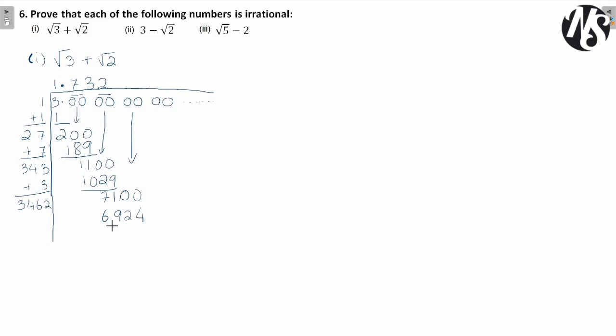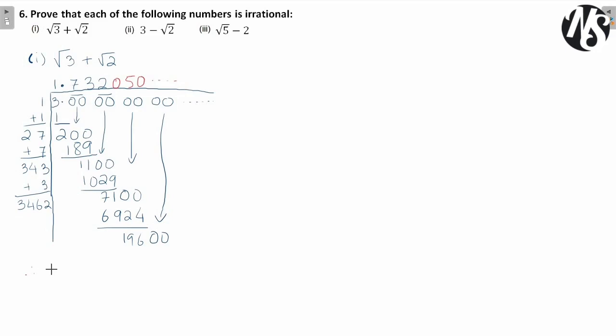When you subtract, you get 196. So basically you get this 00 here, and it keeps on continuing. When you write other numbers, you get the other digits to be 0, 5, 0, and it continues. Now I have found root 3, so this is the value of root 3.